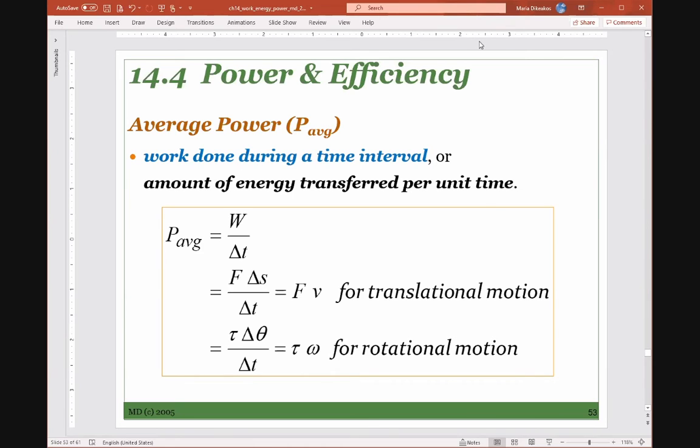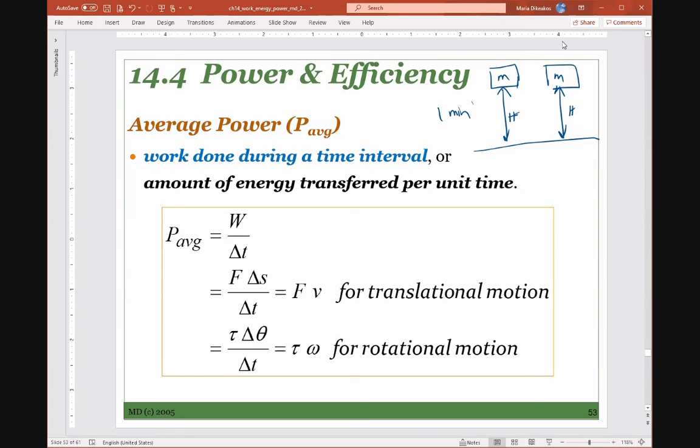So let's say you have a book here or another box here. So you have two boxes. This is the ground. Distance here is h, distance here is h. Same exact box, same exact height. In one case, you lift the box from the ground up a height h in a time of, let's say, 1 minute.